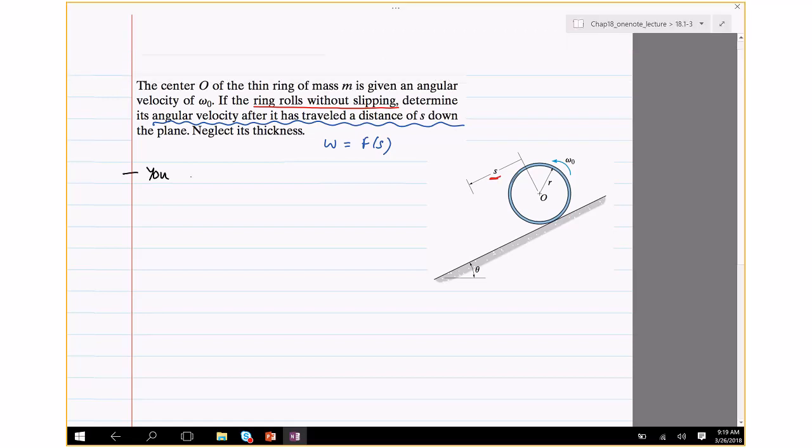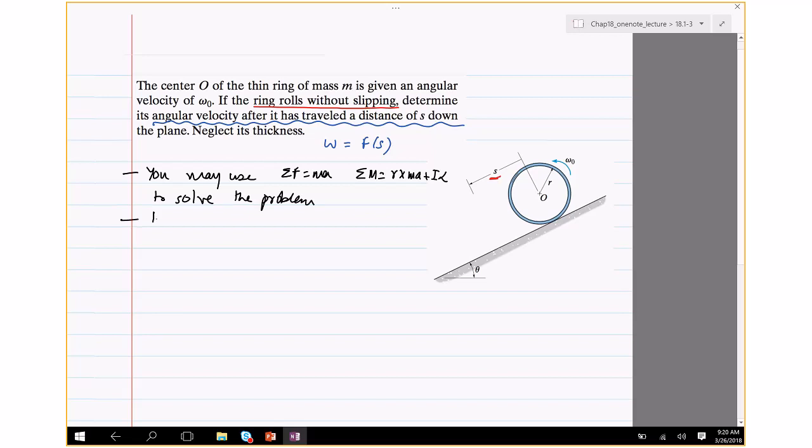You may use F equals ma and M equals r ma plus I alpha to solve the problem.